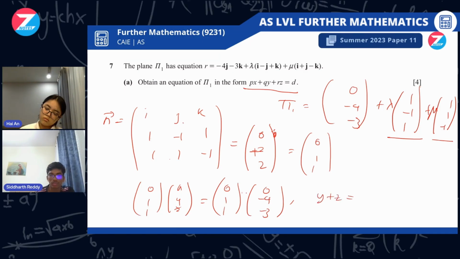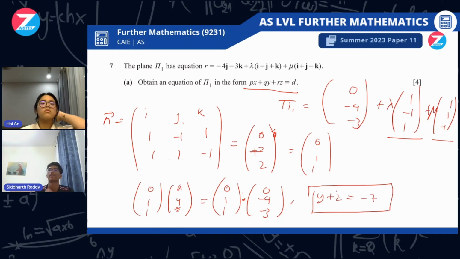That's equal to 0 into 0 is 0 plus 1 into minus 4, it's the dot product by the way, which is minus 4, plus minus 3. That's minus 7. So that's the Cartesian equation of the plane.